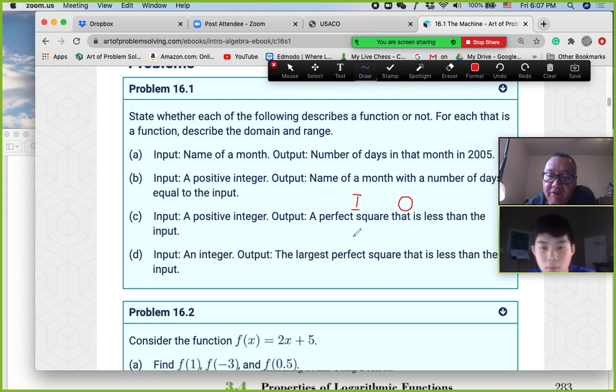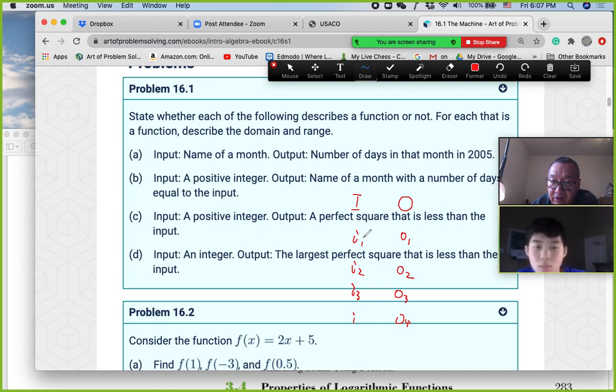If you have inputs I1, I2, I3, and outputs O1, O2, O3, then for any input, if you have only one output corresponding to that input, this will be a function.